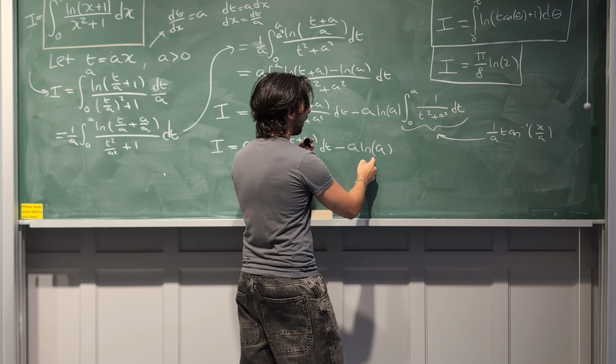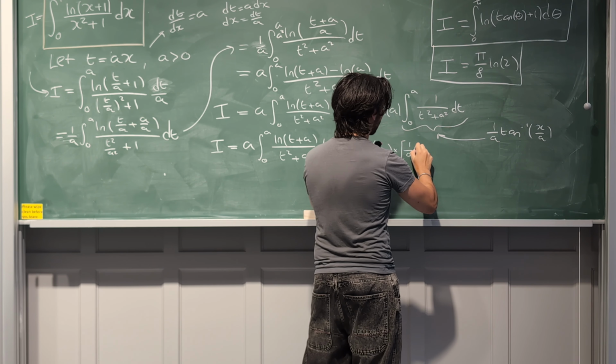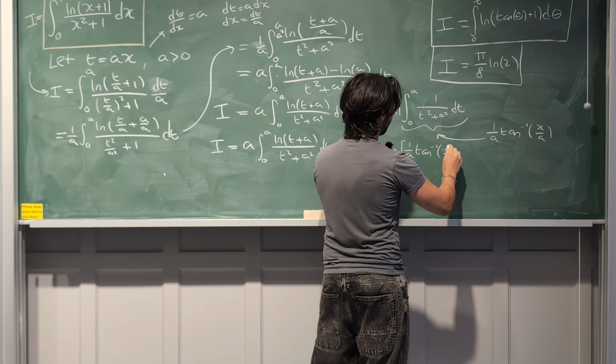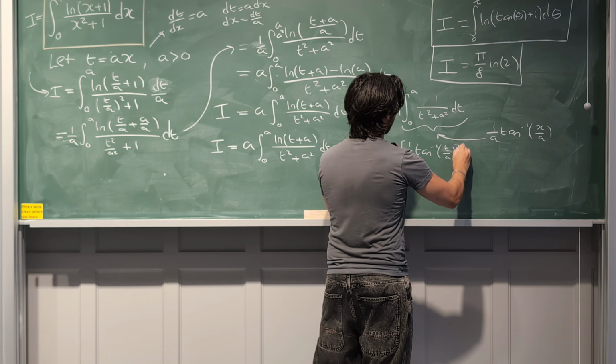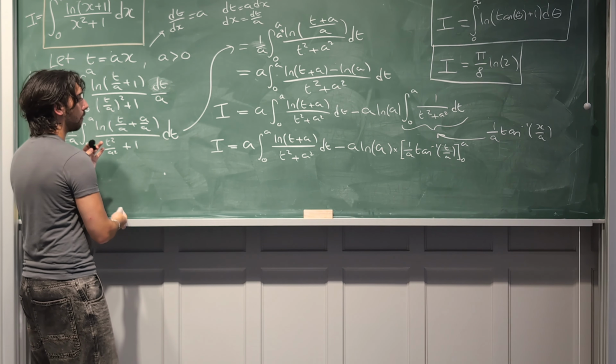So we've got a ln a times 1 over a times inverse tan of x over a, or t over a, in brackets, from 0 to a, like that. And then we can start evaluating.